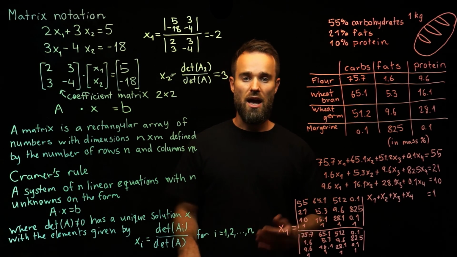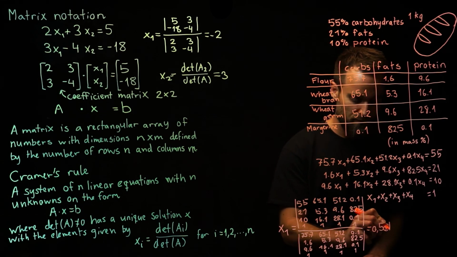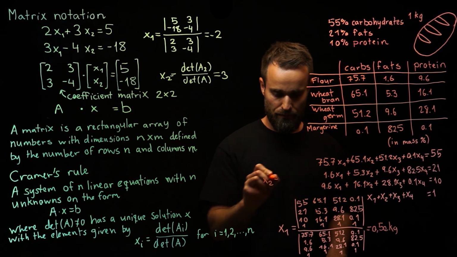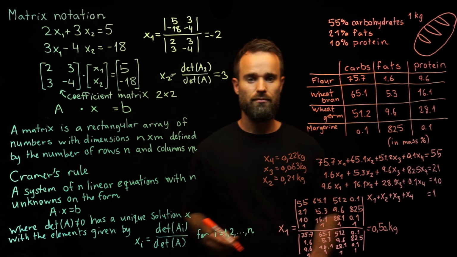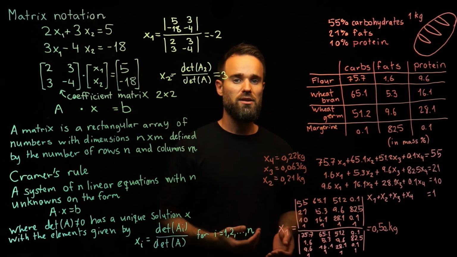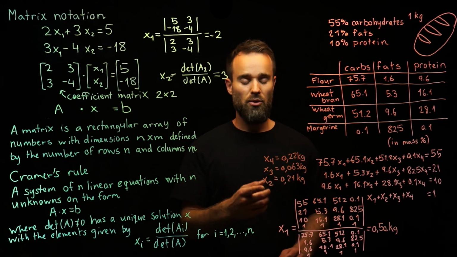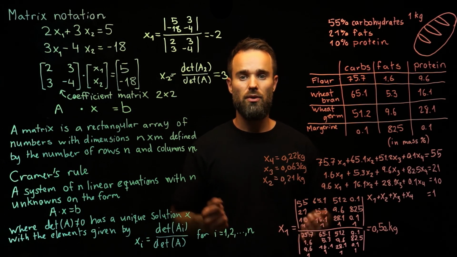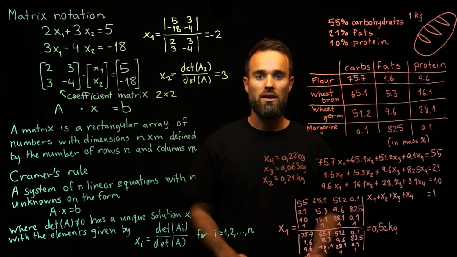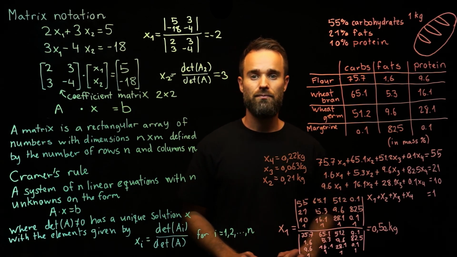The answer is half a kilo of flour. Repeating the process gives the result: 210 grams of wheat bran, 63 grams of wheat germ, and 220 grams of margarine. These numbers are the solution to the system of equations.